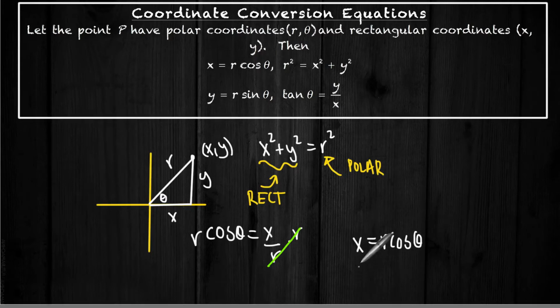And if we do the same exercise, we'll get y equals r sine of theta. So now, if we are in rectangular mode, every time we see an x, we can replace it with r cosine theta. And every time we see a y, we can replace that with r sine theta. And that's where all of these formulas are coming into play here. And so we're going to see how they are used on some sample problems.